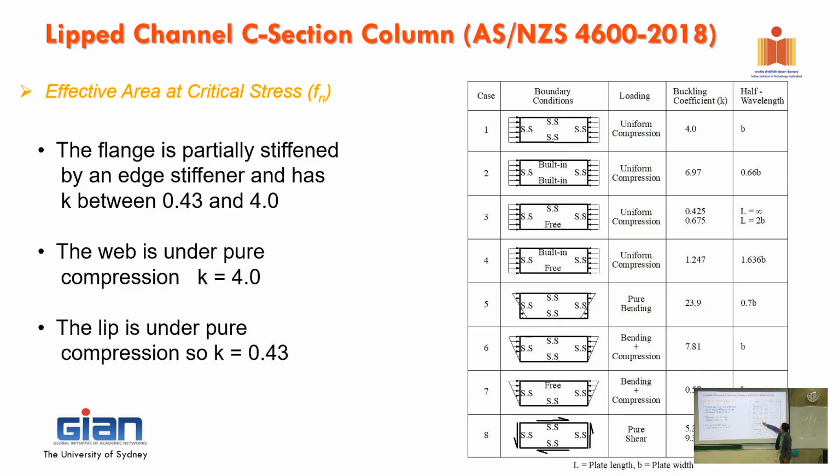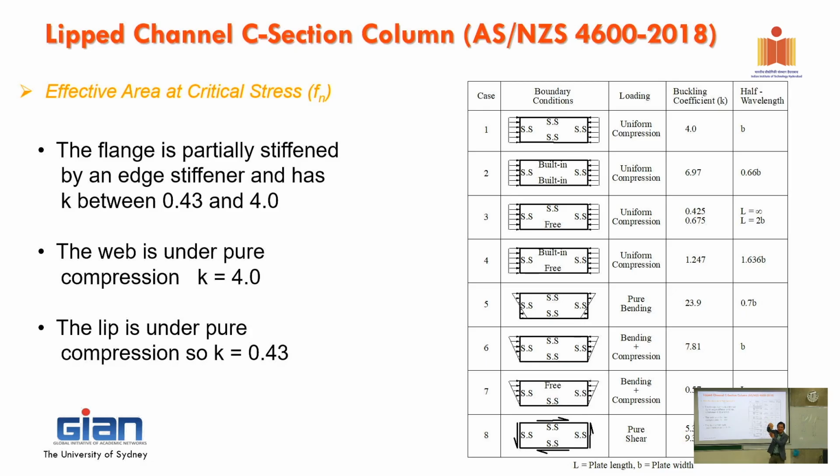And this one is the combined action, combined bending and shear, and based on these cases, you can calculate the K. So this just gives you an upper bound and lower bound. So this case is the worst case, where the lip has one edge free. This is with the web. So it means that 4 sides are simply supported, which is 4.